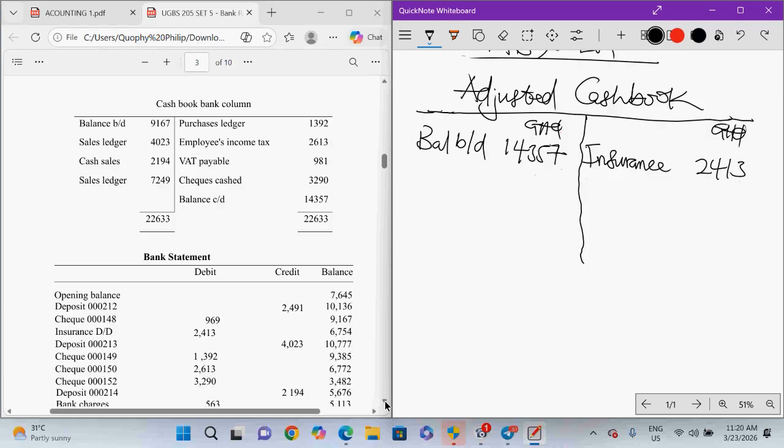Okay, so that check is a time difference, right? Under time difference, we'll be looking at unpresented checks and uncredited checks. They are under timing difference, and timing differences do not come into the cash book.